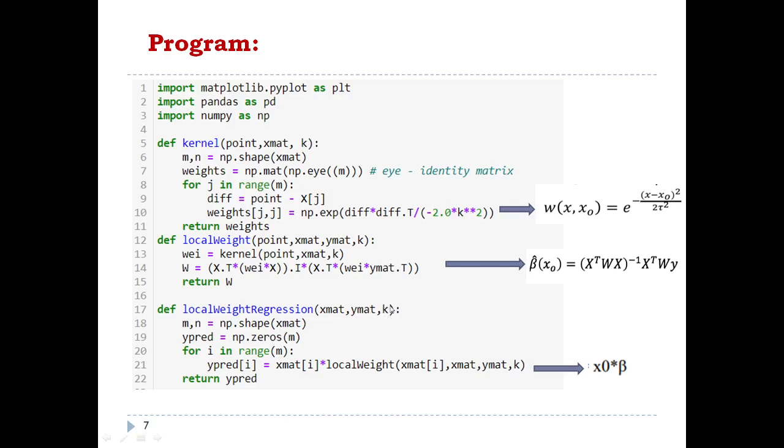We are taking 8 local points here. Next we will be shaping this bill amount into two values, m comma n. First we will convert all the m values, the bill amount values, into zeros.